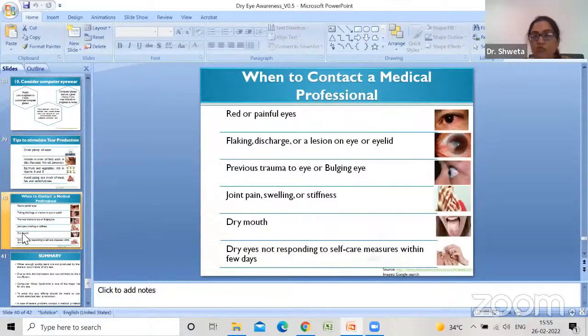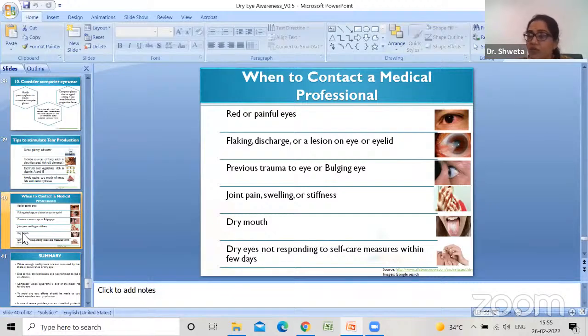So now that you know so much about dry eye and why it is important and how you can avoid it, there still remains a question: when should one contact a doctor for an eye complaint?